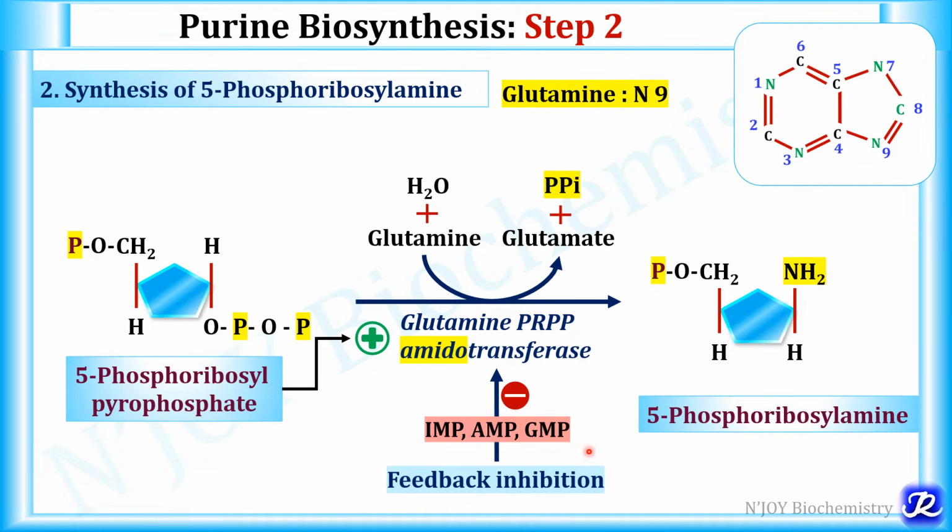By feedback inhibition, they can regulate this enzyme, and this is the committed step of purine biosynthesis. So this is the second step, synthesis of phosphoribosylamine. Here glutamine is the donor which donates the N9 of this purine ring.